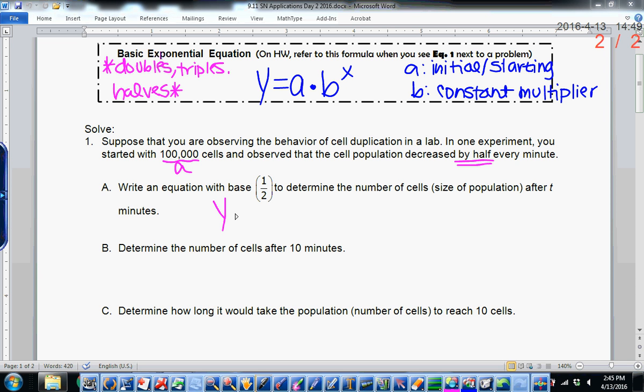So part A tells us that we're going to write an equation. So we want y equals our starting value, which is 100,000, times 1/2, and they want us to use t for time, for minutes. Okay, and we want to determine the number of cells after 10 minutes. So what are we going to plug in? 10 for t.